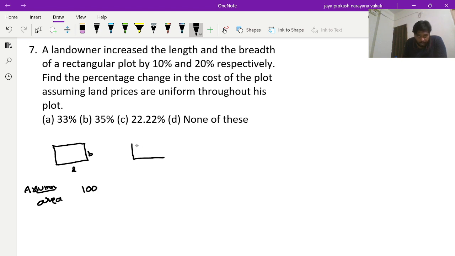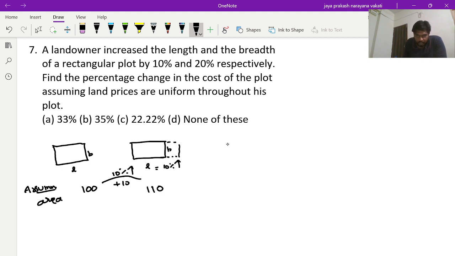Next, what happened? There's the actual rectangular plot and the length increased by 10%. So the area also will increase by 10%. That will be 10% of 100, which is 10, so 110.